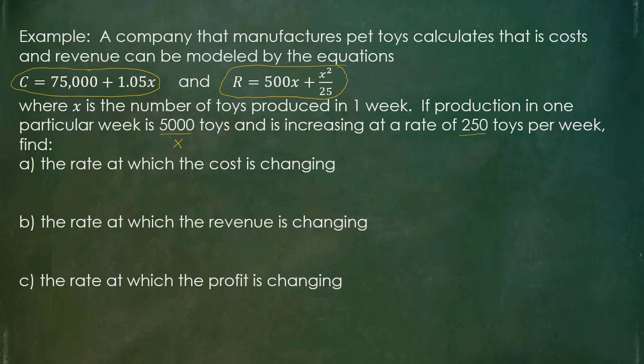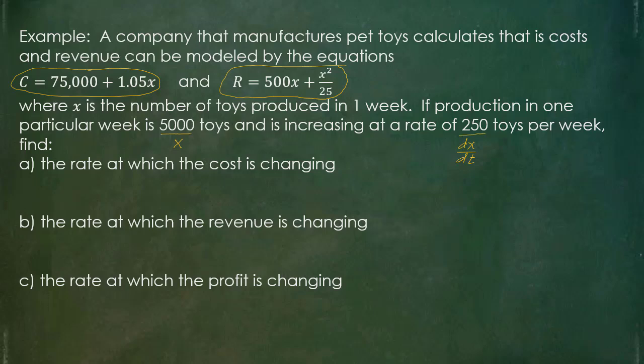Well, that should then be my dx over dt, because again, the x variable is representing the number of toys. So if I know that 250 is dx over dt and 5,000 is equal to x, I should be able to, just by looking at the equations, do my derivatives with respect to t, and then plug in those values to be able to solve for, in this case, the rate at which the cost is changing.